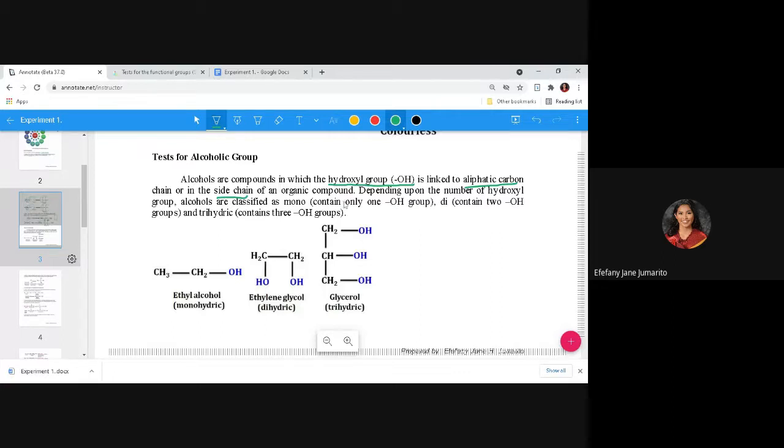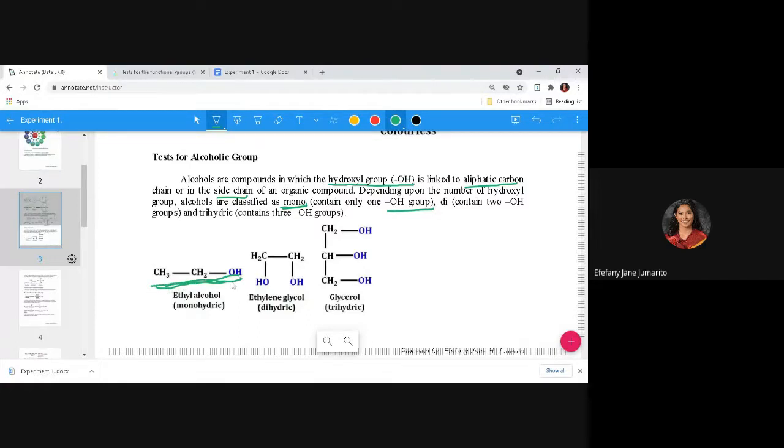Depending upon the number of hydroxyl groups, alcohols are classified as mono. When we have an alcohol, it can be classified as mono if it only contains one OH group. You see this one. This is your ethanol or your ethyl alcohol.